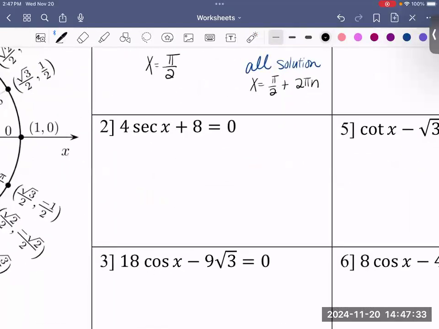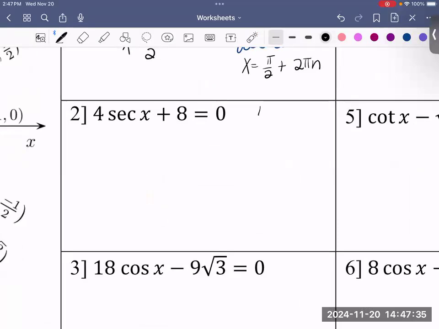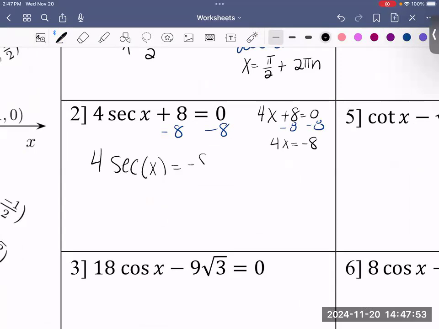Let's try it again here. So again, just approach it as you would for x plus 8 is equal to 0. Well, first you might subtract the 8. So let's go ahead and subtract the 8 over here. So then you get 4x is equal to negative 8, or in our case, 4 secant of x is equal to negative 8.